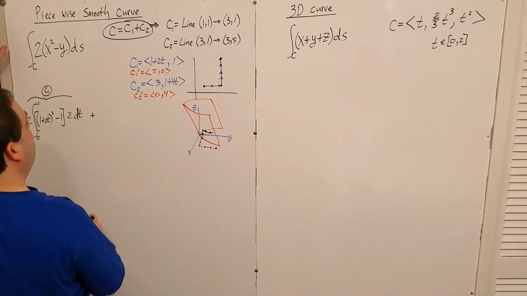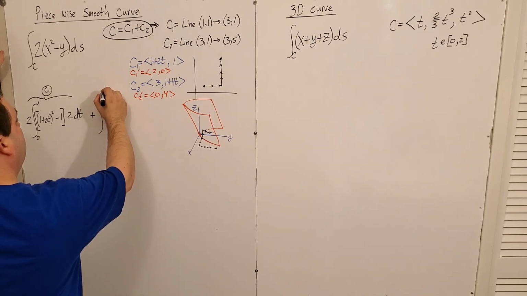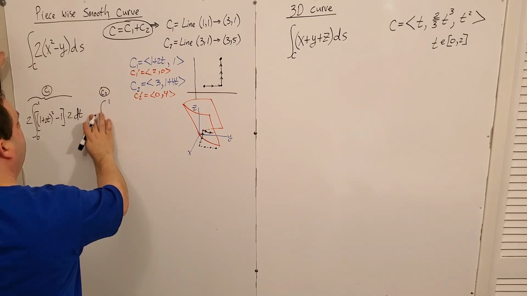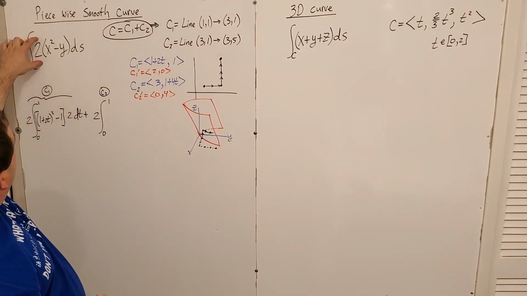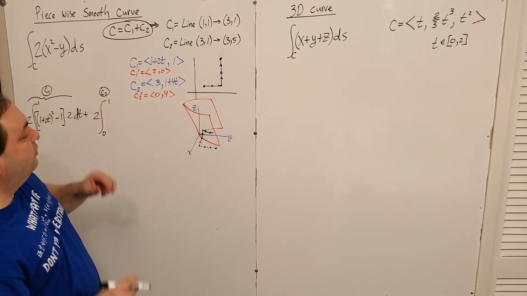Plus the C2 integral now. So again, that's going to go from 0 to 1. This 2 comes from the function still. 0 to 1, technically I'm starting over with the other t parameter.